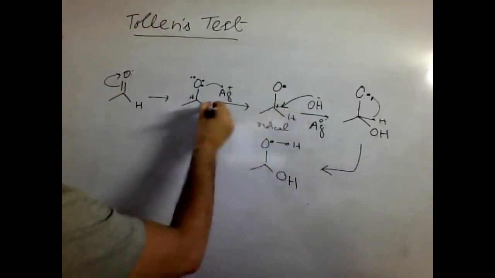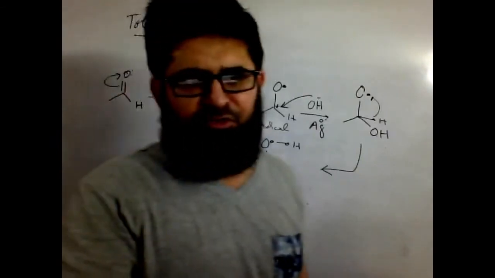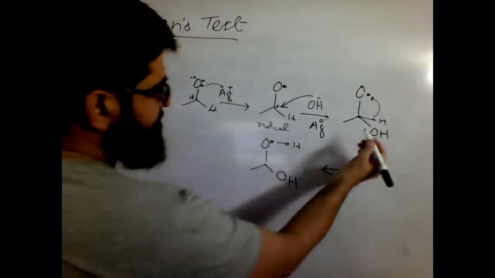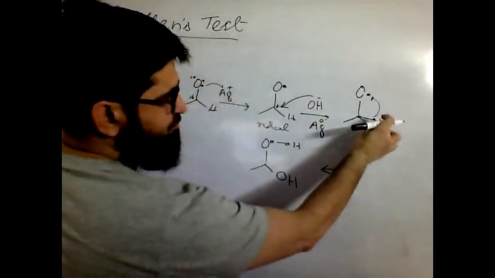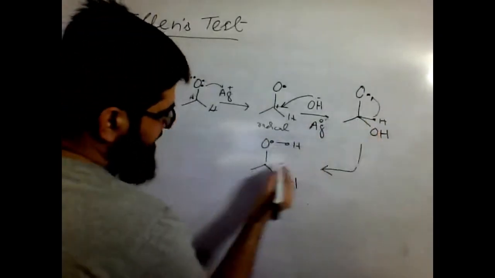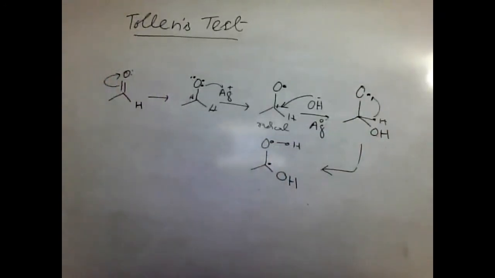Actually it was a proton over here. So this is how it is supposed to look at the moment. One of the electrons from this bond between carbon and hydrogen has moved from here to here to make a bond. So the carbon will carry only a single electron over here, so it will also become a radical at the moment.